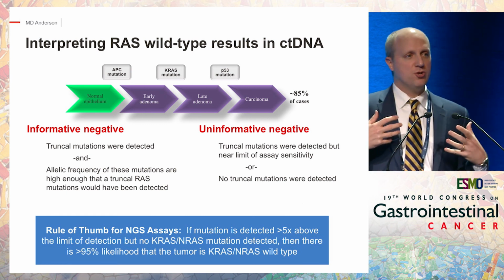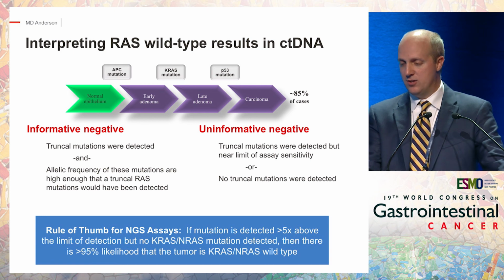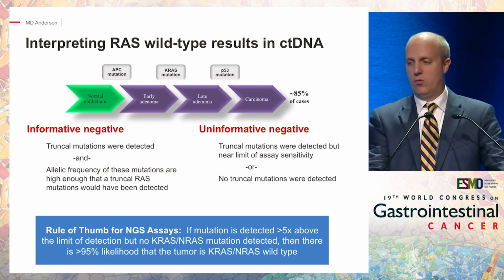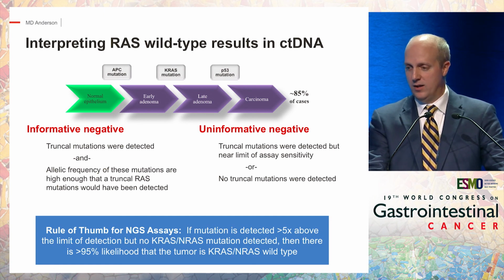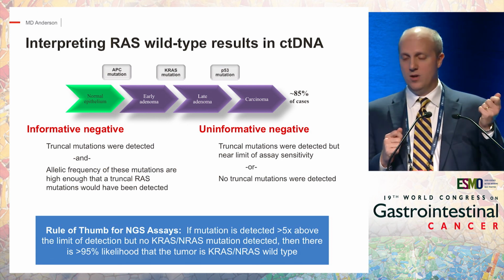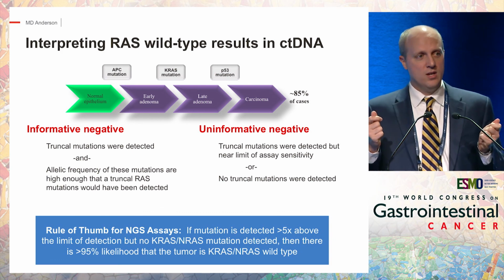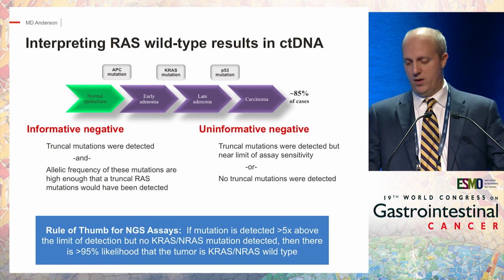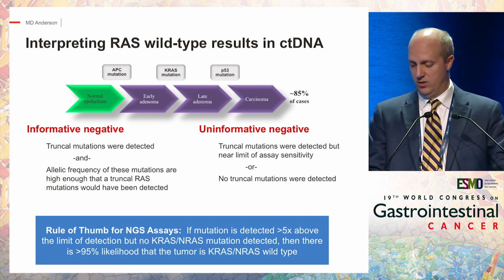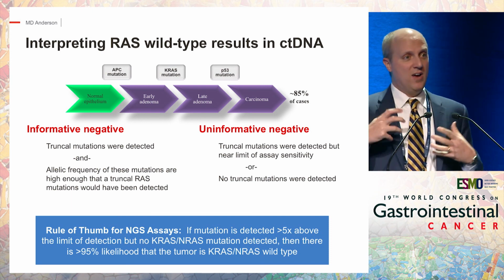Now, this brings up an issue. Okay, I've done that test wearing the clinician's hat, and how do I interpret a RAS wild-type result? This is probably the single most common question that I get. I'd break this down into 2 different categories, an informative negative study or an uninformative negative study. For those using the NGS platforms, which are the most common ones at the moment in clinical practice, an informative negative means I found something else.